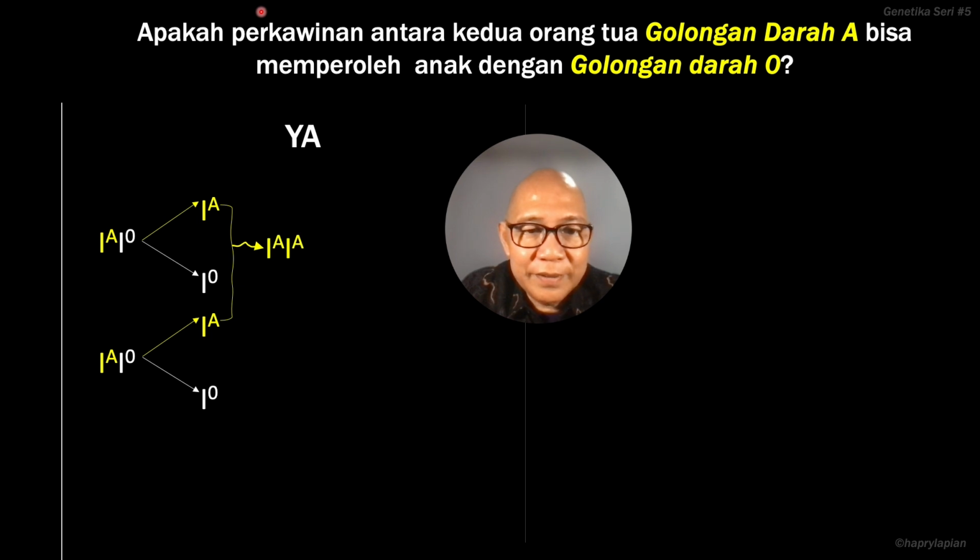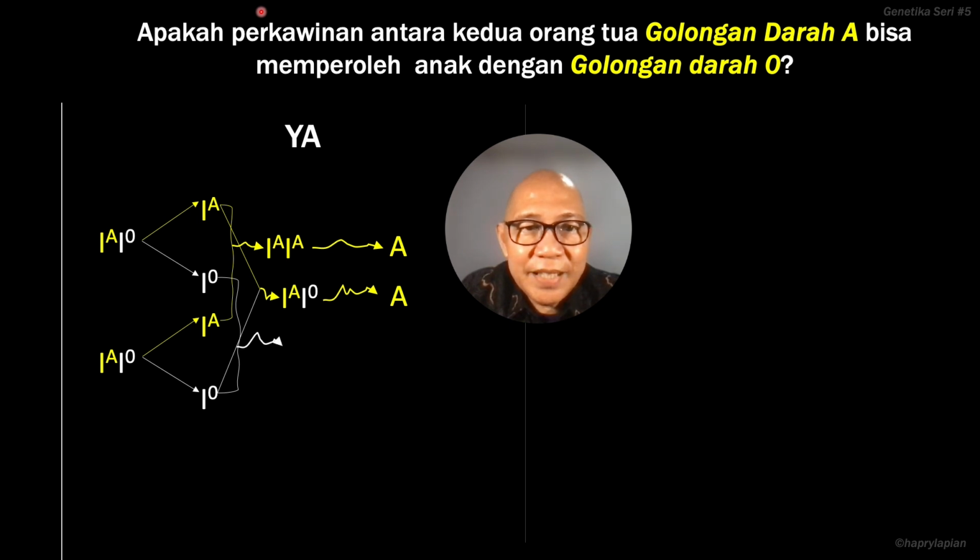You can see here IA and IA, of course, will result in A blood type. IA from father and IO, let's say from mother, will give A blood type because of the dominance of IA over IO.